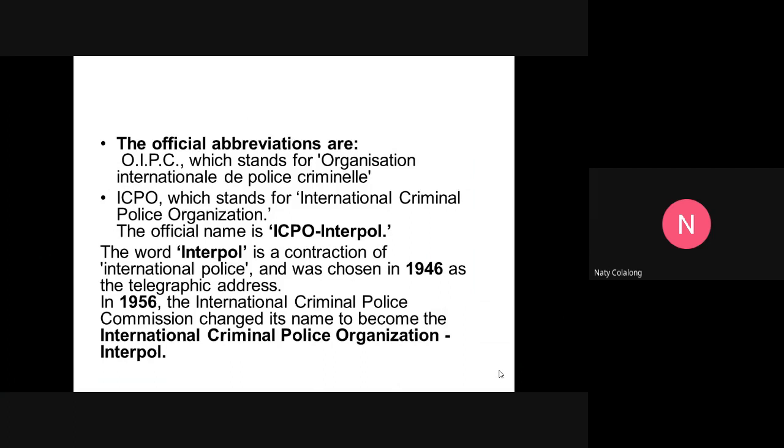The word Interpol is a construction of international police and was chosen in 1946 as the telegraphic address. In 1956, the International Criminal Police Commission changed its name to become the International Criminal Police Organization, which is abbreviated as Interpol.